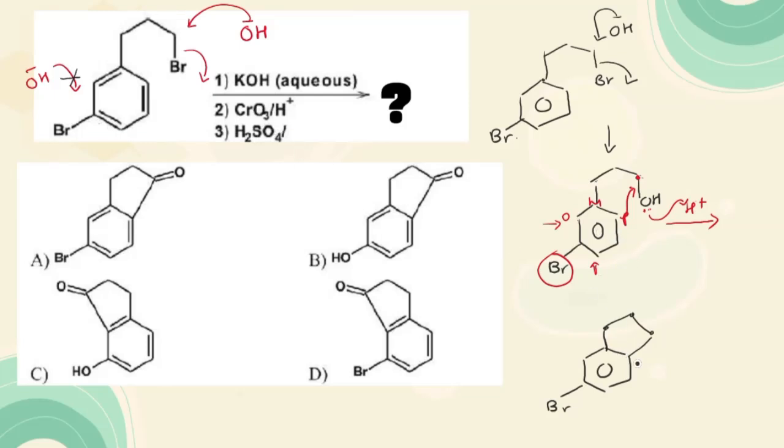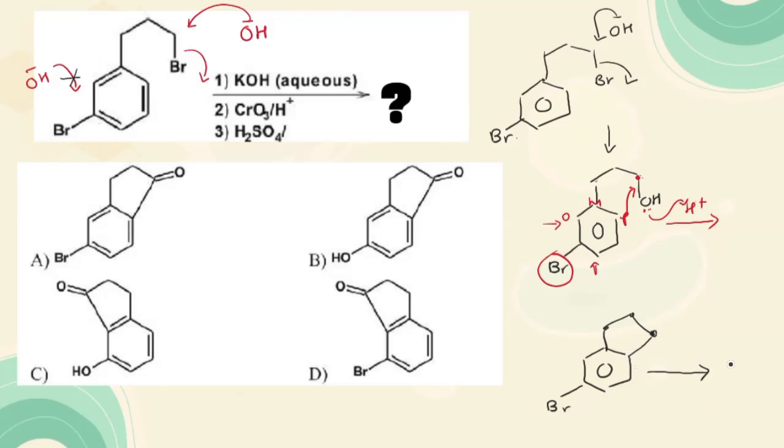Then what happens? There is an oxidizing agent. CrO3 in acidic medium is quite a strong oxidizing agent. Usually it produces carboxylic acids, but in this case, it's going to form a ketone as it is cyclic. And it usually happens at the benzylic position, that means where it is attached to the benzene carbon.